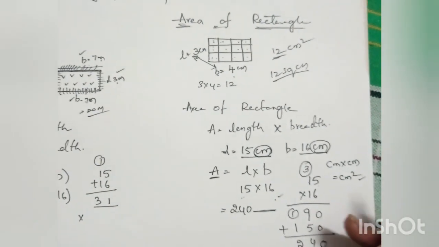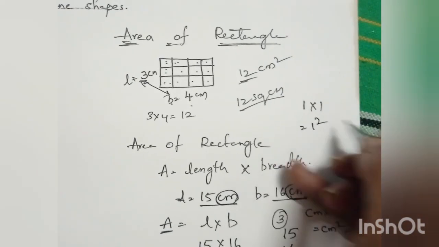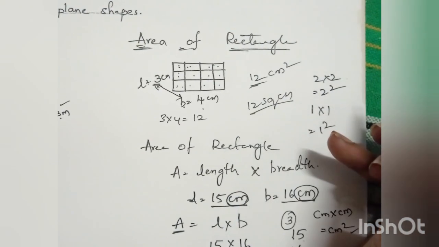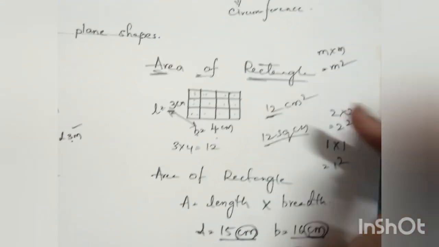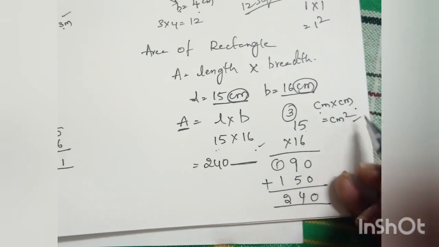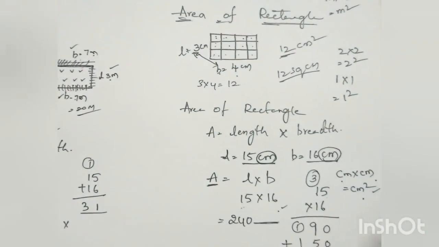Okay, this we discussed in the class. For example, if I multiply 1 into 1, it will come 1 square. If I multiply 2 into 2, it will come 2 square. If I multiply meter into meter, it will come meter square. In such a way, if I multiply centimeter into centimeter, I'll get centimeter square. If you multiply Meena with Meena, you will get Meena square.